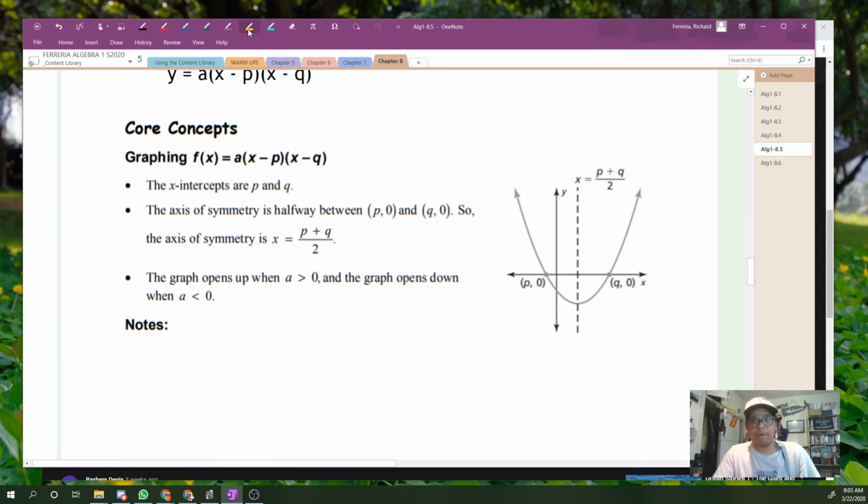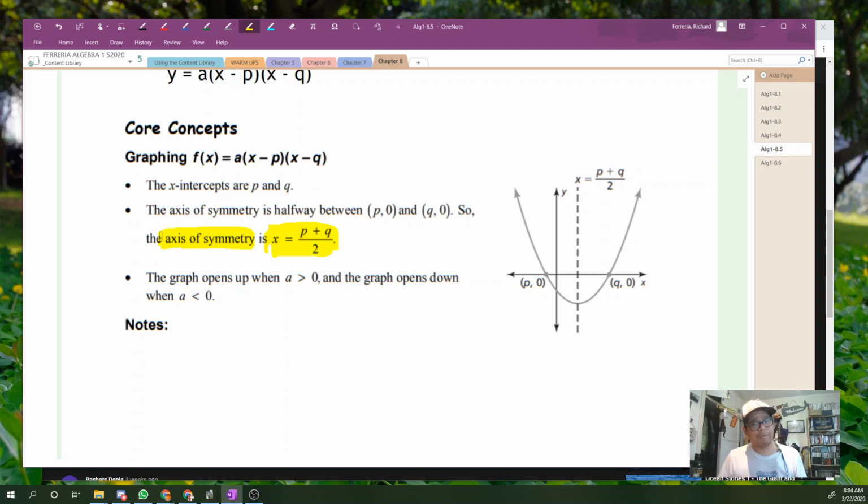You'll remember in the last video we were saying that the axis of symmetry, and therefore the vertex, is always halfway in between the roots. So if the roots are p and q, then the axis of symmetry, and therefore the vertex, needs to be when x equals p plus q divided by 2, basically the midpoint.